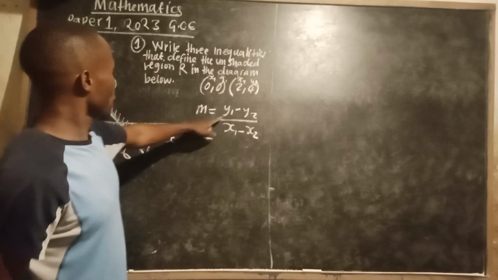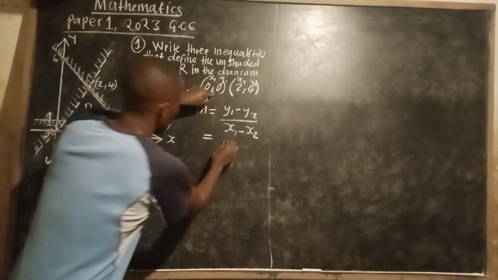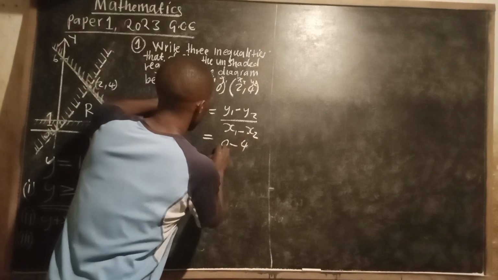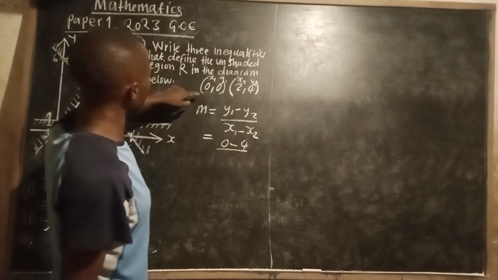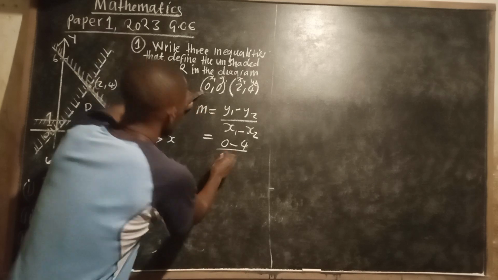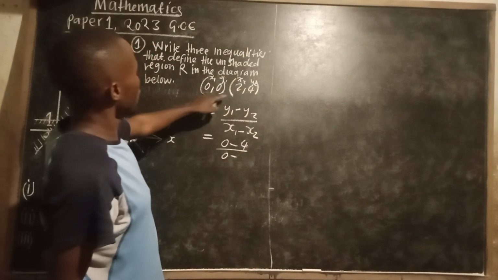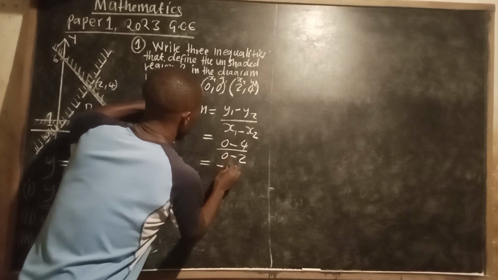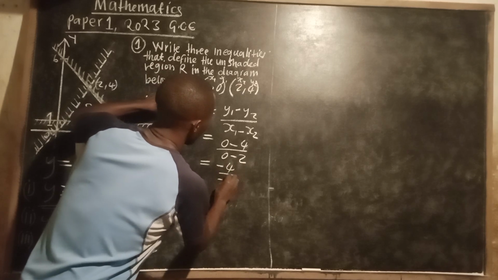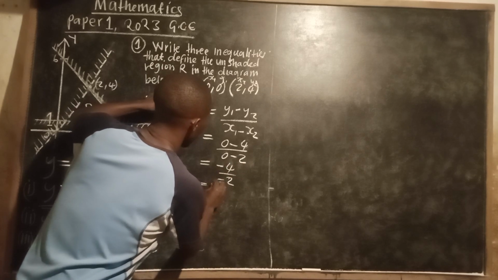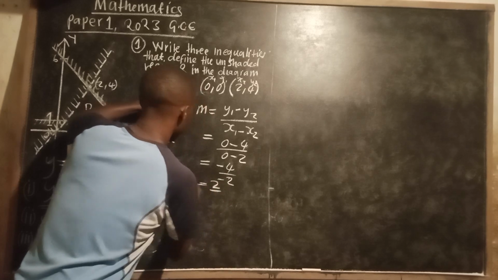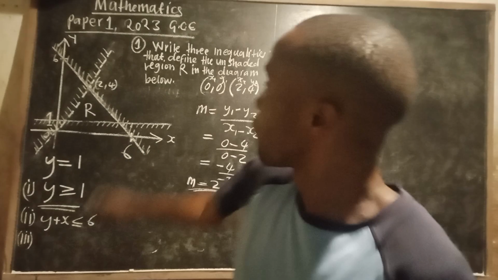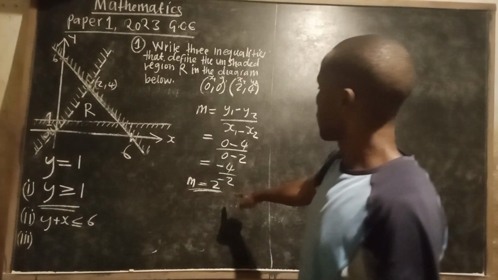So what is our y1? y1 is 0, so 0 minus y2. y2 is 4, over. Then we come to x1. x1 is 0 minus x2. x2 is 2. So from there we are going to have 4 over negative 2, or so. This will give us 2. So 2 is our gradient according to this line. The gradient of this line is 2.